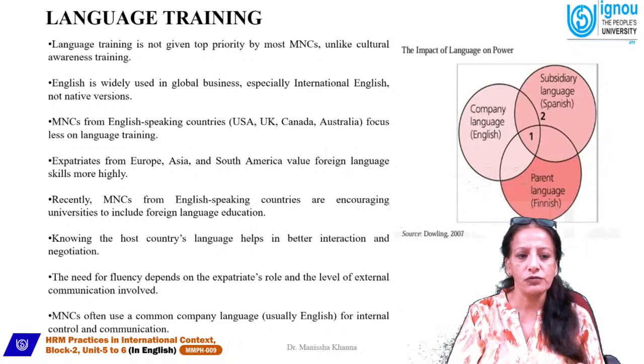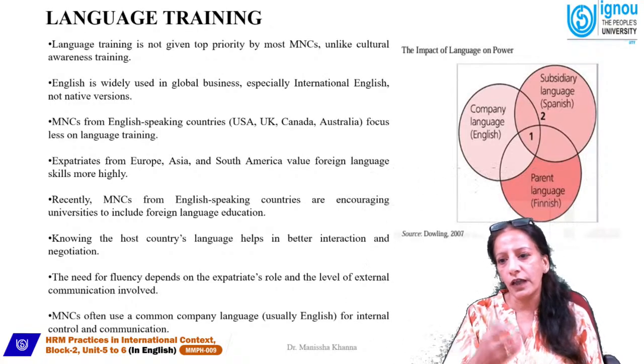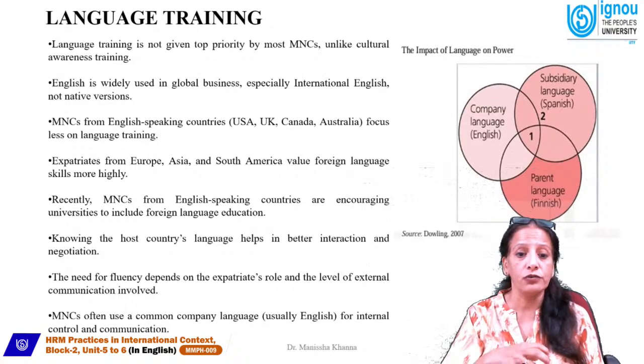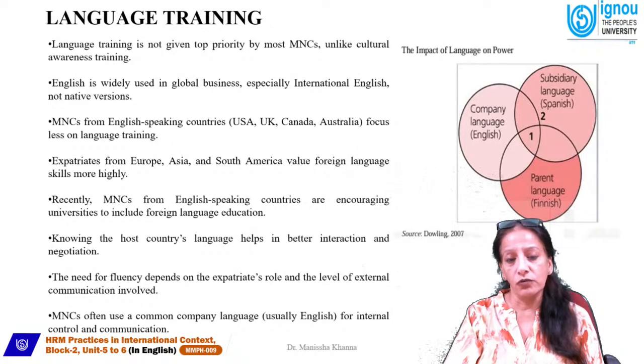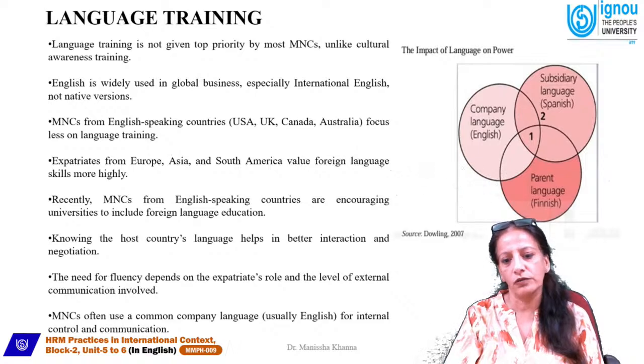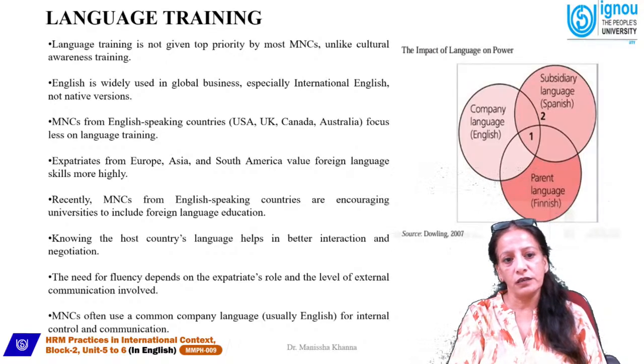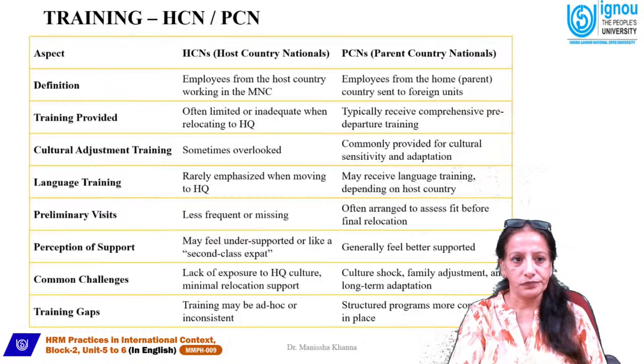But when it comes to a completely different country where the subsidiary language is Spanish, then you need to know the Spanish language so that you can at least communicate. Or if the parent language is Finnish, the expats need to have language training to be able to work in the PCN.